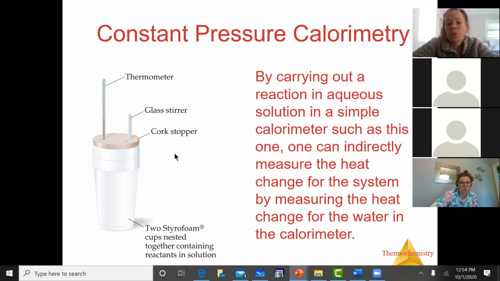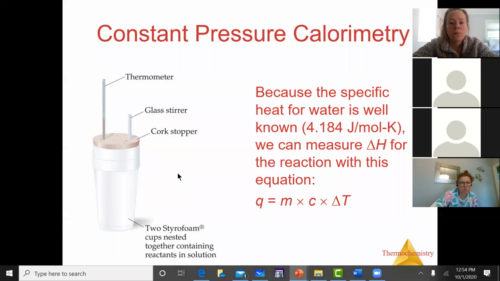So let's say I was to throw a piece of hot metal in here, and the water's temperature increased by 35 degrees Celsius. Well, I could figure out how much energy the metal lost because I know how much energy the water gained. It should be equal and opposite to each other. We're assuming that this is a closed system. Because the specific heat of water is well known, 4.184, we can figure out our delta H for the reaction using this equation.